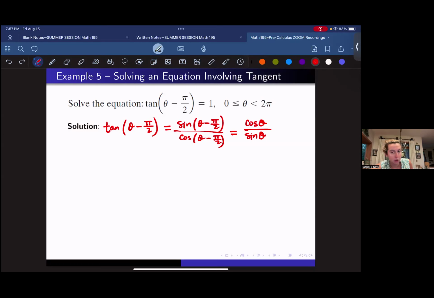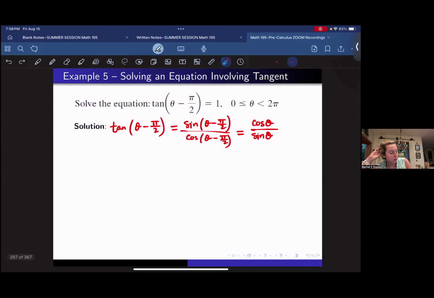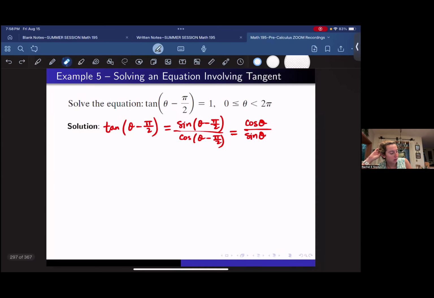There's a slight correction I do need to make. Cofunction identities start with our pi over 2. So we actually need to factor out a negative. Why don't we move this off to the side for a moment? And I'll put this in a different color so you can really see it. Let's factor out a negative from each of these parentheses.